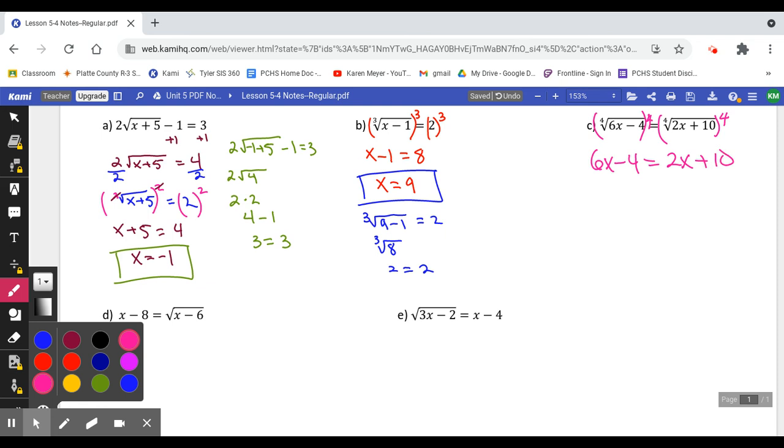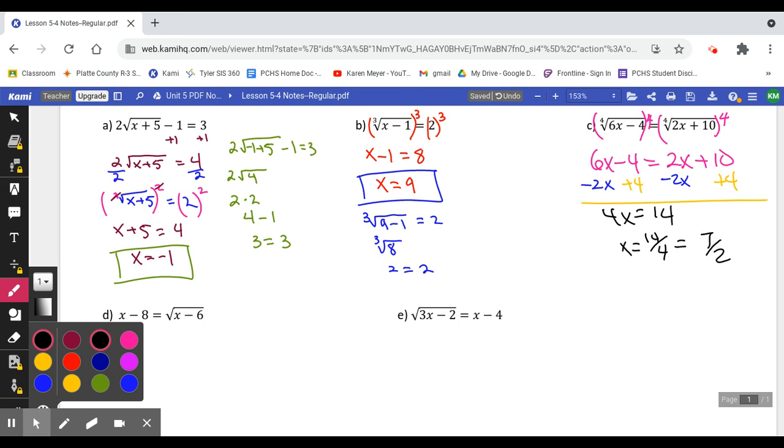Then I'm going to move some things around. I'm going to subtract 2x, and I'm going to add the 4. That will give me 4x equals 14. And if I divide, I get 14 over 4, which reduces to 7 over 2.